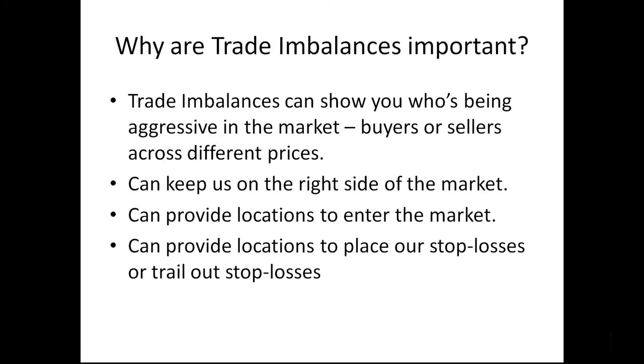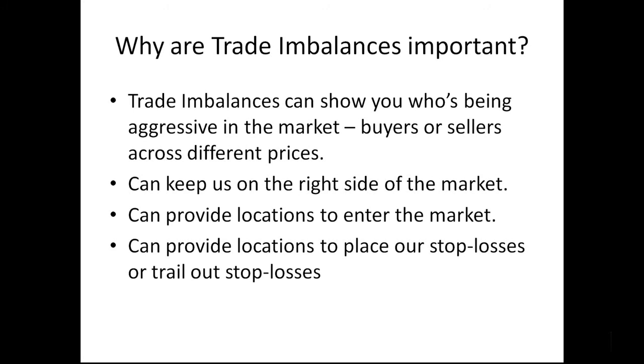So why are the trade imbalances important? The trade imbalance can show you who's being aggressive in the market, the buyers or the sellers, across different prices. It can keep us on the right side of the market, as in that example, as we came up to the 2105 price area. Obviously we didn't want to be on the buy side because the aggressive buyers had basically dried up.